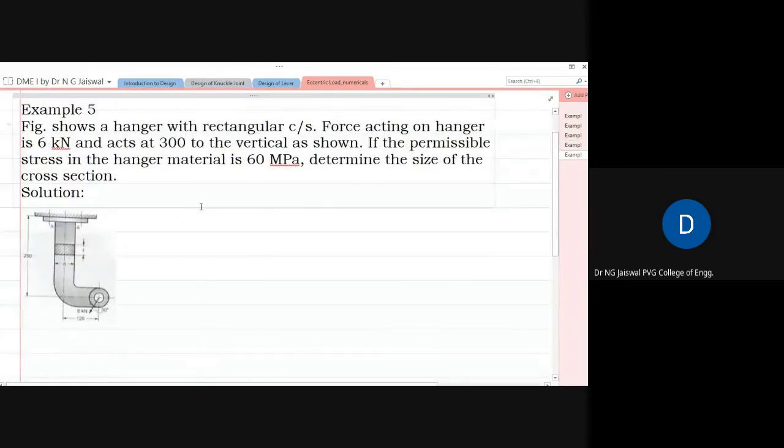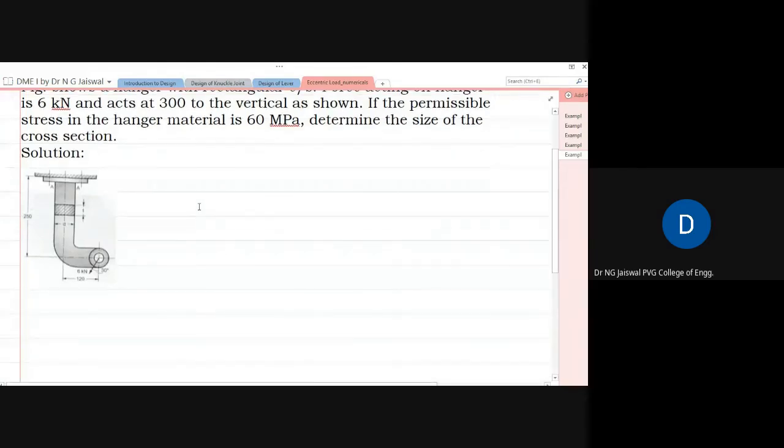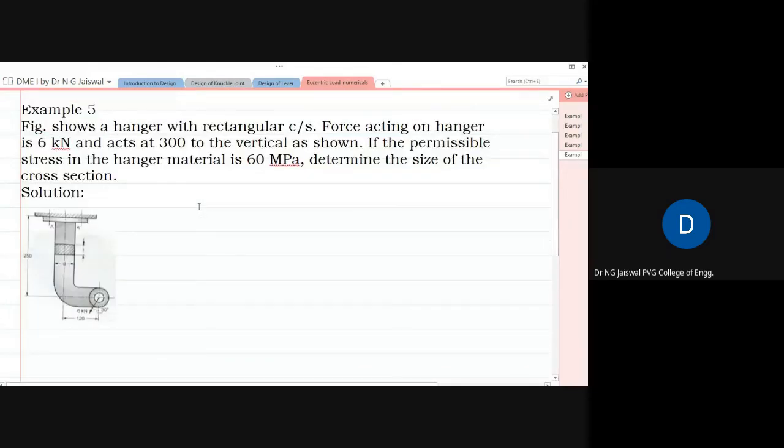Now, what is important is this one. Maybe we have 5 to 8 minutes again, and I will try to explain this. What is this? It shows a hanger. This is maybe some wall, on which there is a plate, and this is integral to the plate.